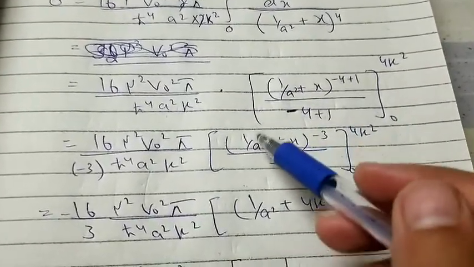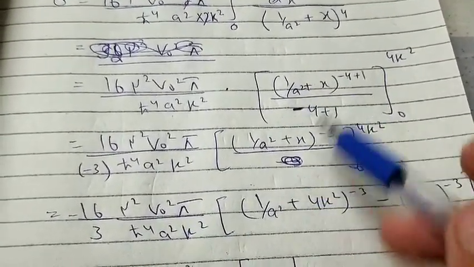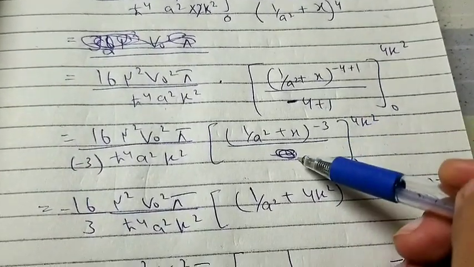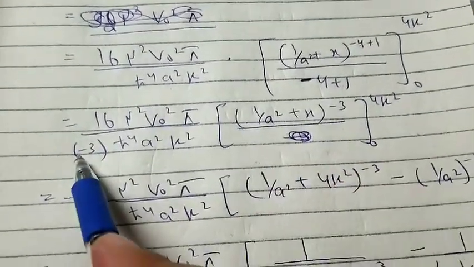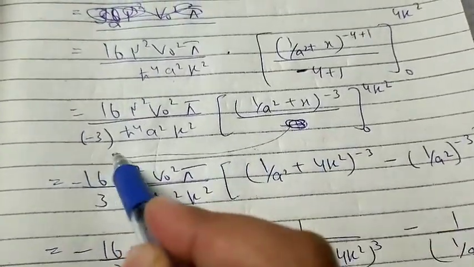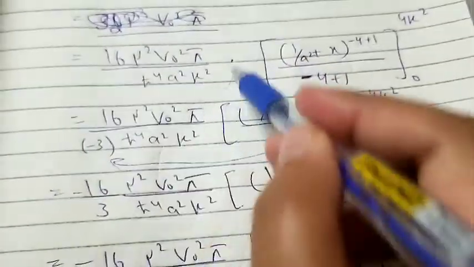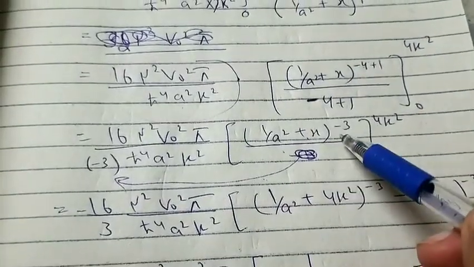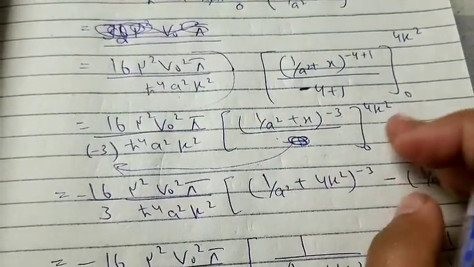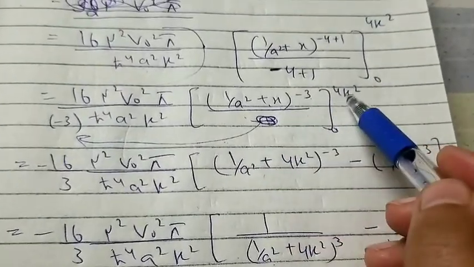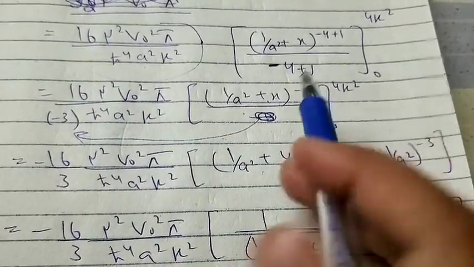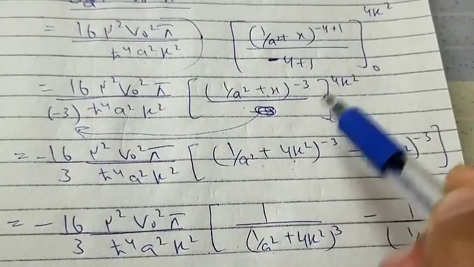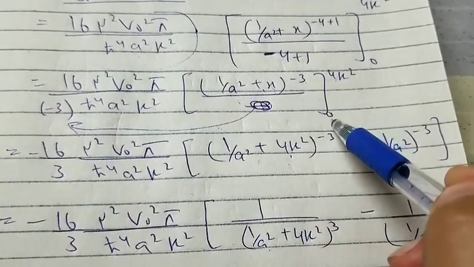In the next step, I have solved this power: -4 plus 1 is equal to -3, and the -3 comes in the denominator, which comes out here. The rest of the things are the same, and 1 over a square plus x to the whole power -3. In the next step I put these values in: in place of x the upper limit is 4k square, and in place of x the lower limit is 0.